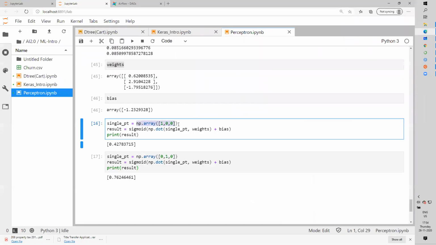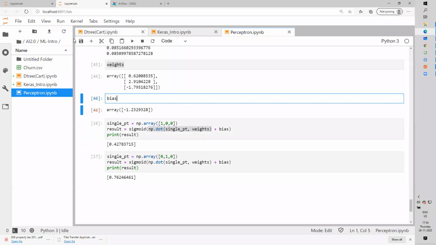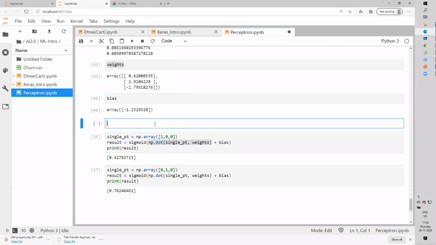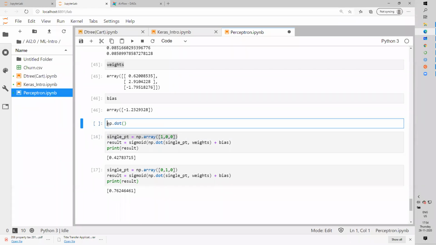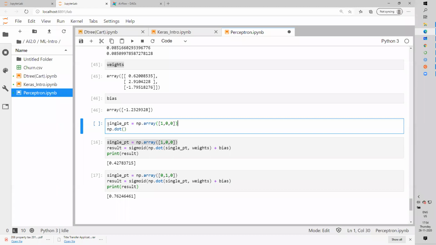So we pass this as the input array. Now the dot product between the weights. Let me show you separately. So np dot of your array. Let me define that array here. This is my input values of x1, x2, x3, and I need to compute my output.